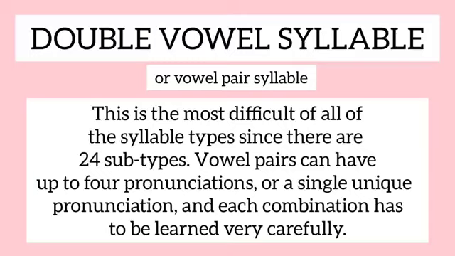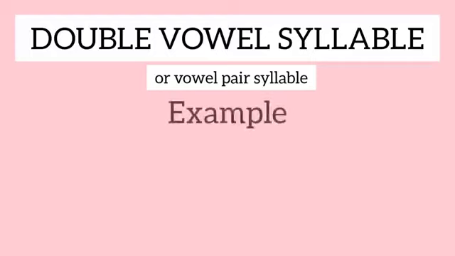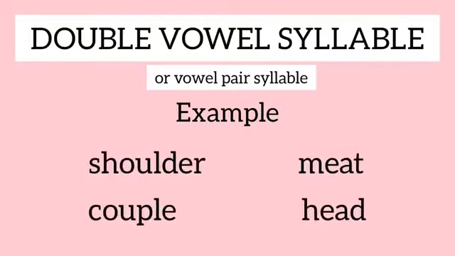Vowel pairs can have up to 4 pronunciations or a single unique pronunciation, and each combination has to be learned very carefully. For example, the words shoulder and couple and meat and head. Shoulder and couple have the same vowel pair O and U but have 2 different pronunciations. Same as meat and head, with both the EA vowel pair but differing in pronunciation. These are called double vowel syllables.